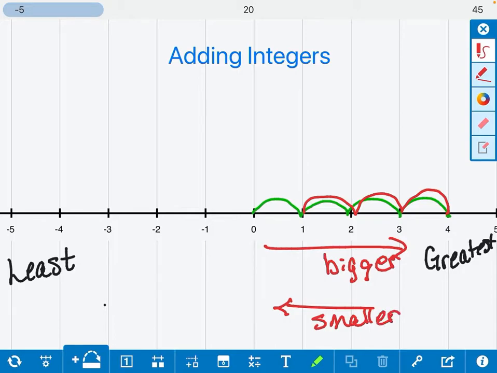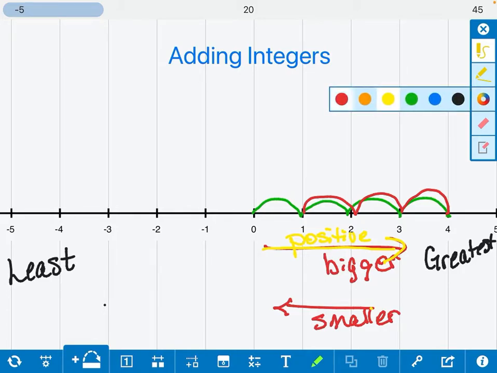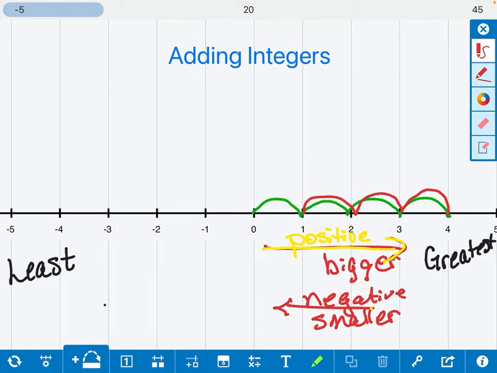So when we think about that in terms of integers, which line do you think would be a positive line and which line would be a negative line? The line that goes to the right is going to be the positive line because the numbers are getting bigger, and the line that goes to the left is going to be the negative line.